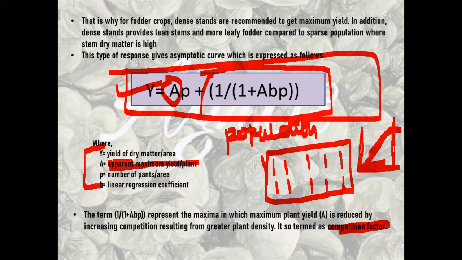After this it will become a plateau and a stable yield is received. At this point it is the maximum plant yield, which is reduced by increasing competition resulting from greater plant density.